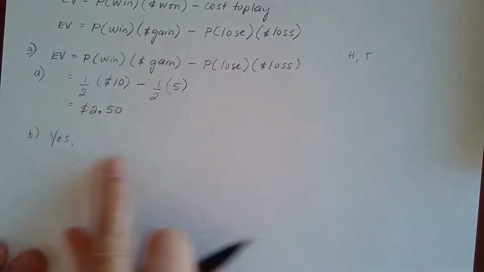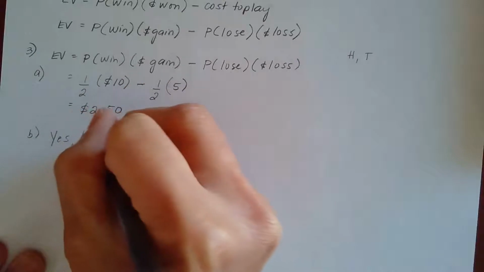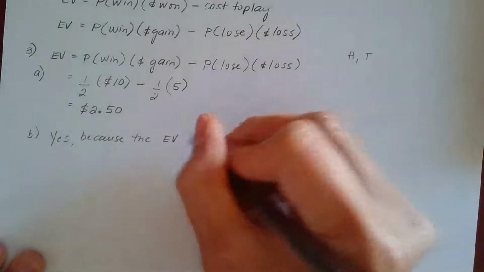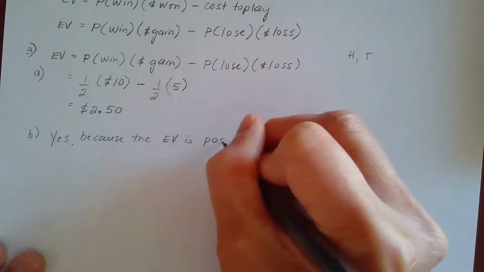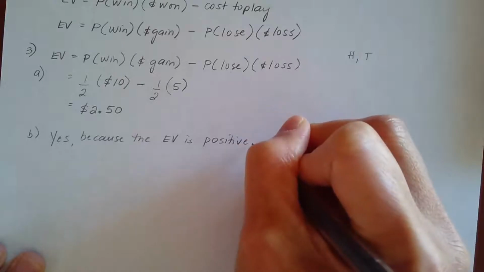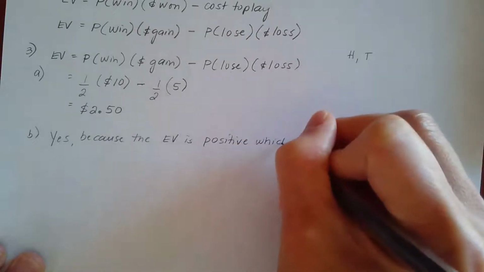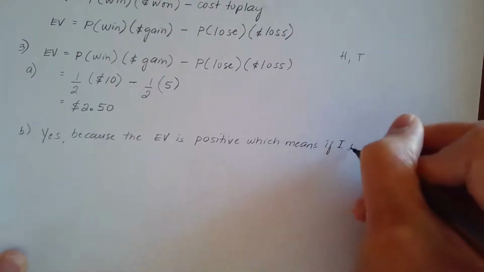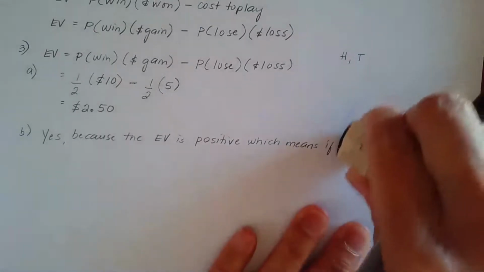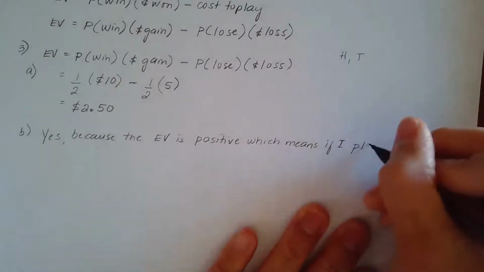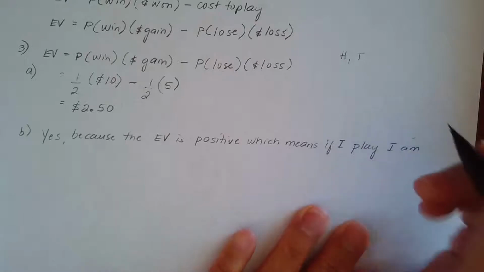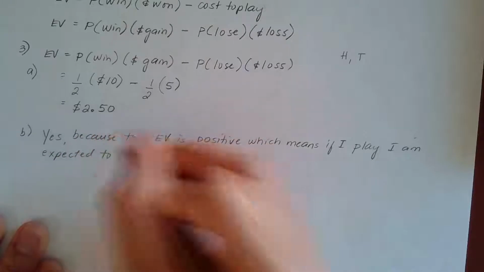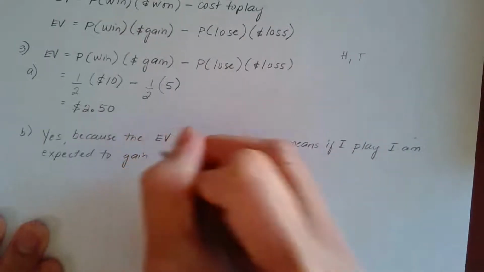Because, and then we have to explain why, because the expected value, I'll just put EV, is positive, which means if I play, I am expected to gain money, not lose money.